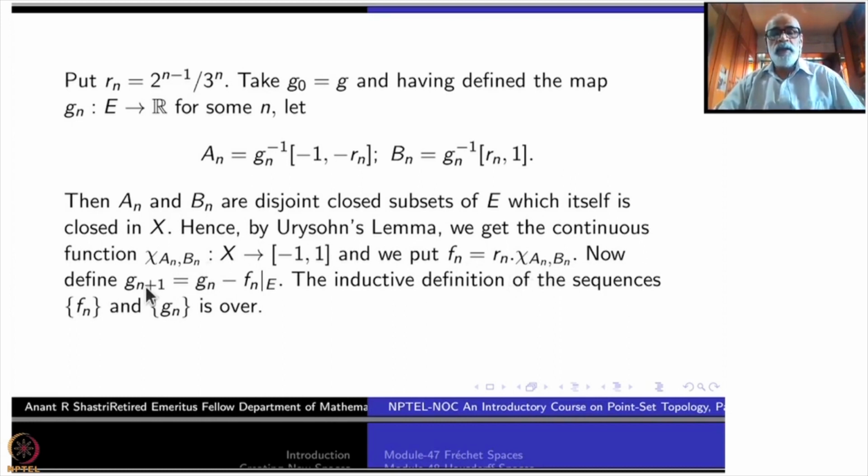Finally, we define Gn plus 1 as Gn minus Fn restricted to E. Gn is defined on E already. Fn is defined on the whole of X, but we take Fn restricted to E and take Gn plus 1 to be Gn minus Fn restricted to E on the subspace E. The inductive definition of the sequences Fn and Gn is over.